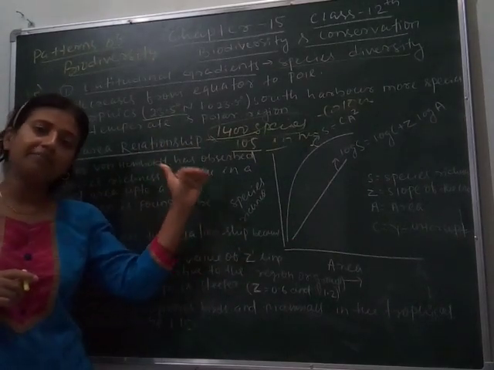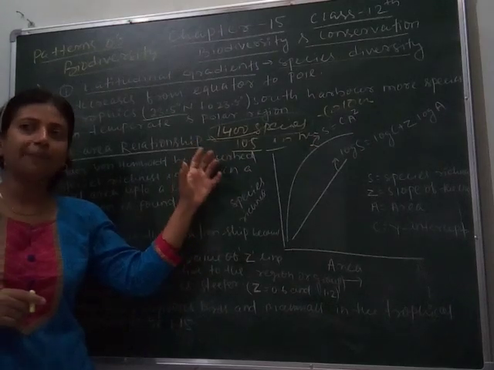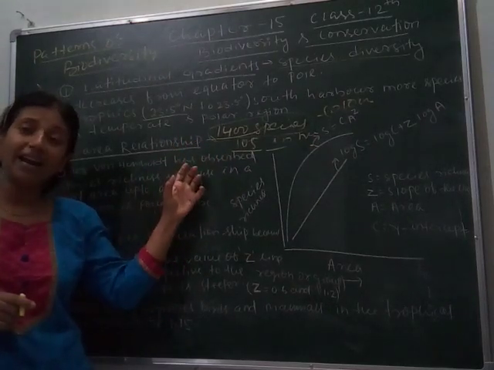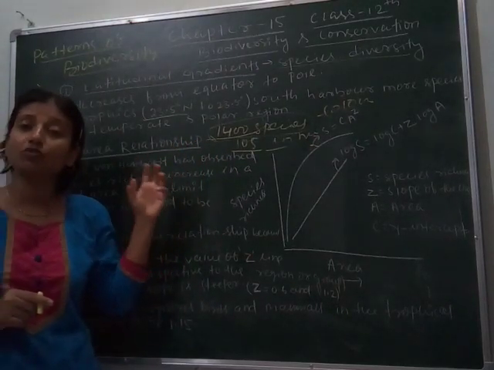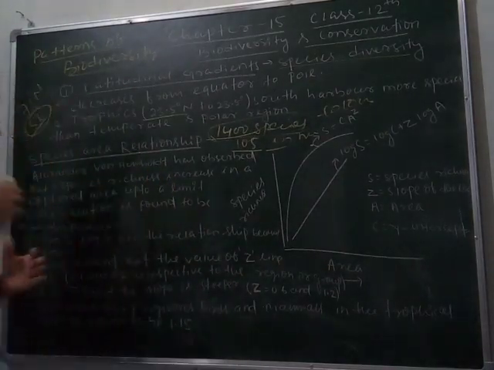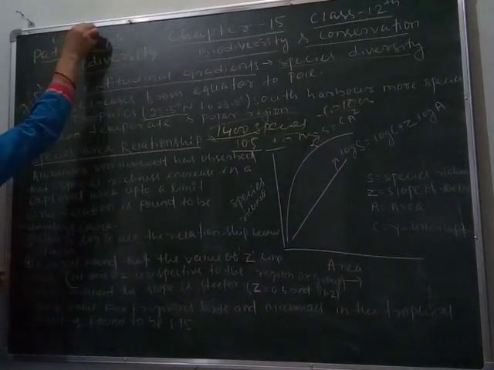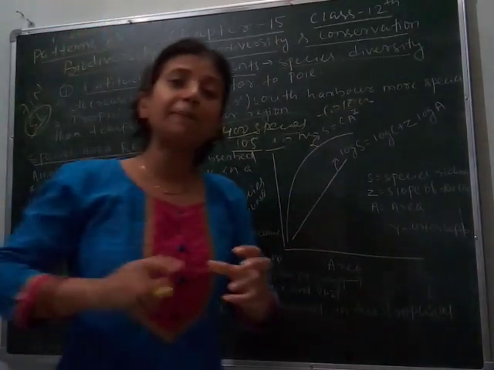How many bird species, how many mammals, how many reptiles, how many plant species? You will be astonished to know that 1,25,000 plant species are found, means different types of plants.